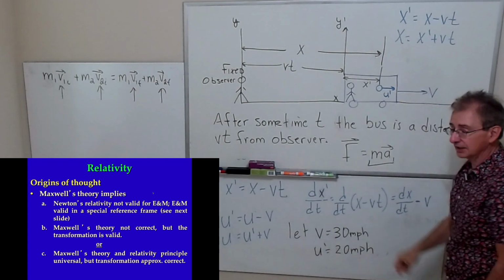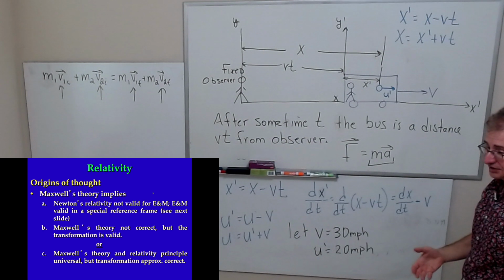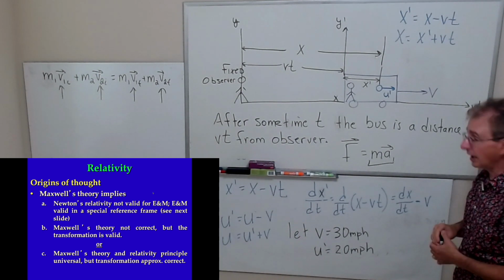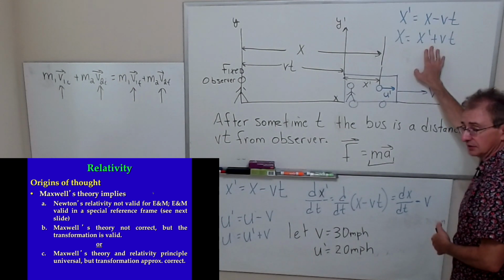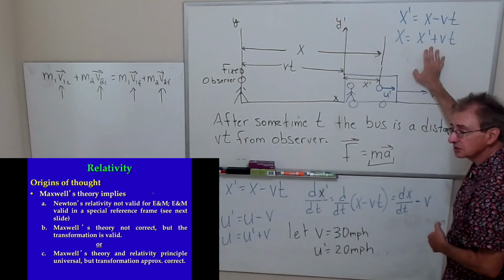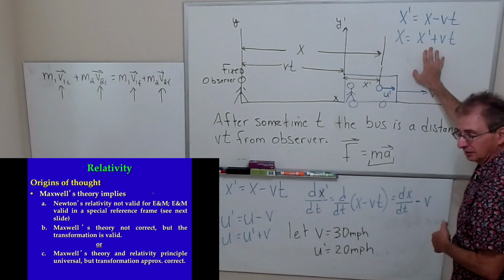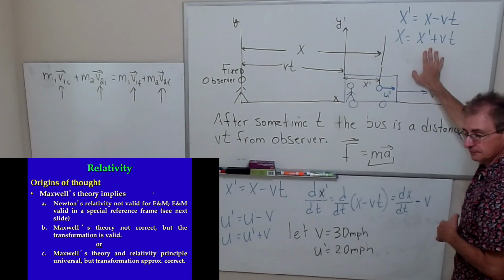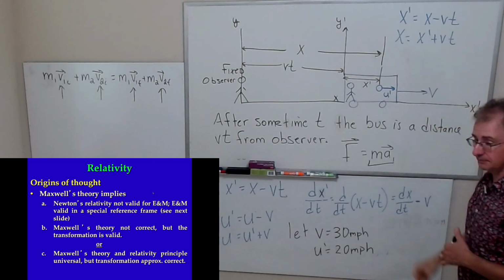Or the last thing is the laws of E&M are correct, and there's something wrong with this. Maybe it's only approximately correct. Maybe we have to figure out a correction to it.